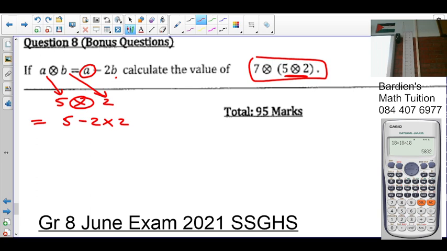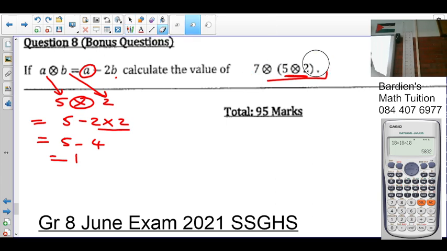Some of you just lit up, others of you are still gone. But anyway, for those of you who are with us, people, 5 minus 2 times 2? 5 minus 4, which is 1. So now, what is 5 some mathematical operation 2? What's the value of that now? 1.